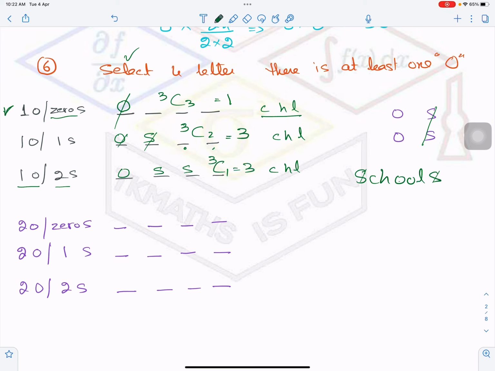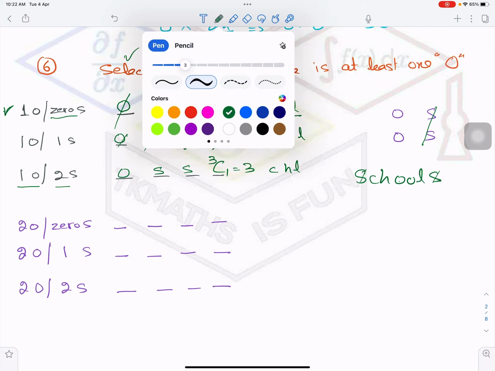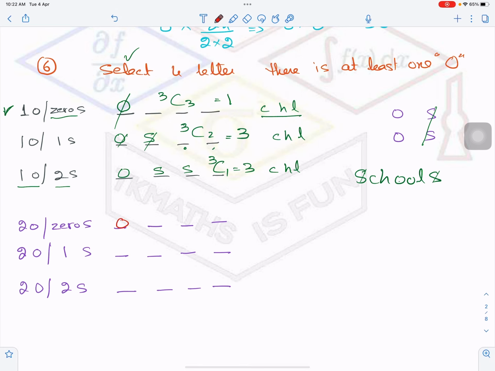Now comes 2 O and 0 S. If it is 2 O, both the O's of school are gone. S we cannot select. So the remaining letters are C, H, L. For these places you will select 3C2, which is 3.